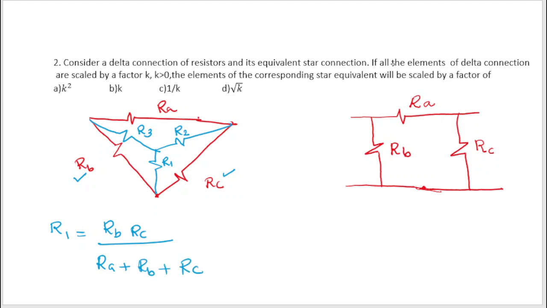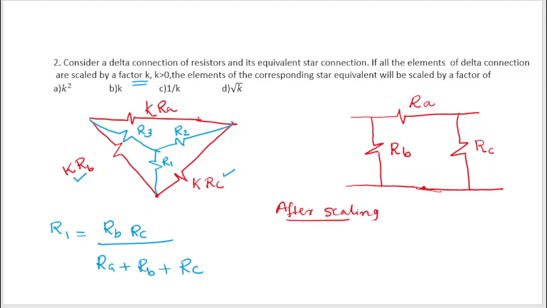Now, in the question it is given that all the elements of the delta connection are scaled by a factor k. That means in this delta connection, all the elements are scaled by a factor k, that is k into RA, k into RB and k into RC. Now what will happen to this R1 after scaling?